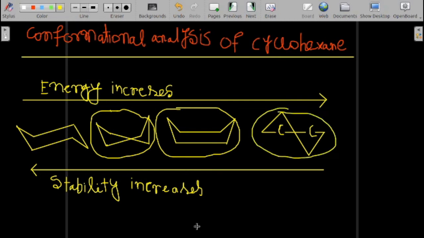So the stability of the conformations of cyclohexane decreases from the chair conformation to the half chair conformation, and the energy increases from the chair conformation to the half chair conformation.